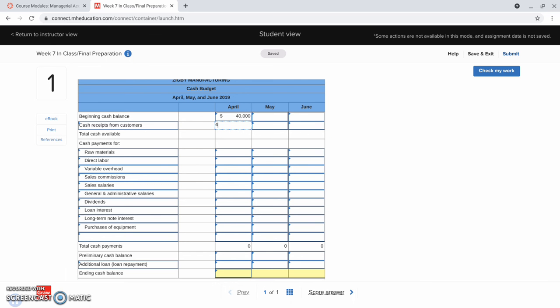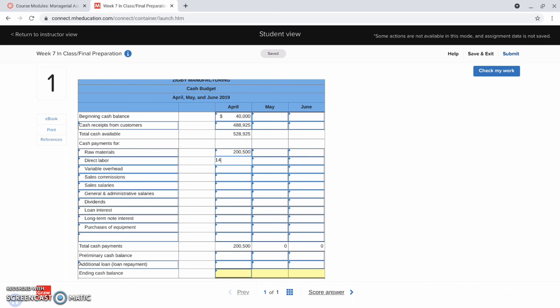And then we have 488,925. Raw materials is 200,500, excuse me.